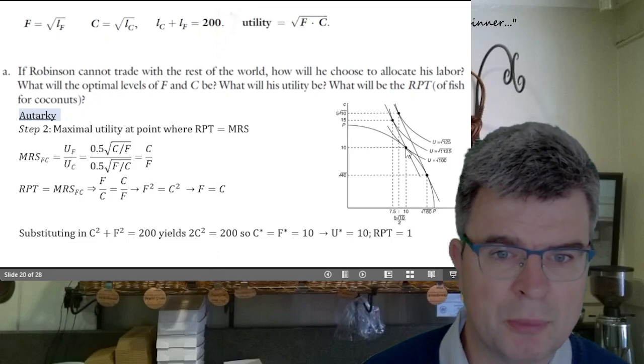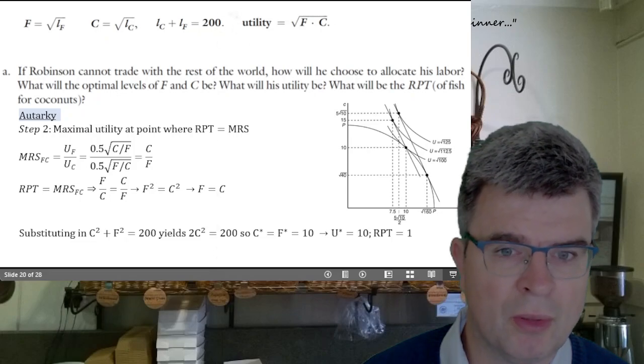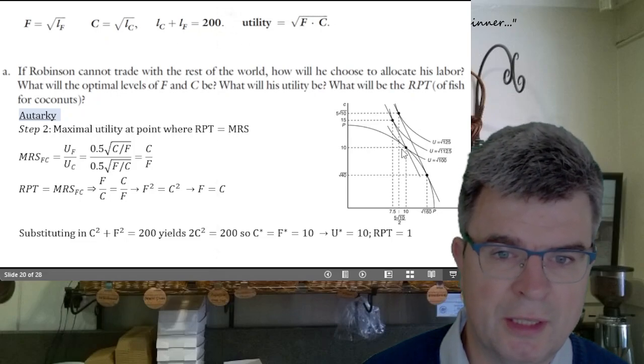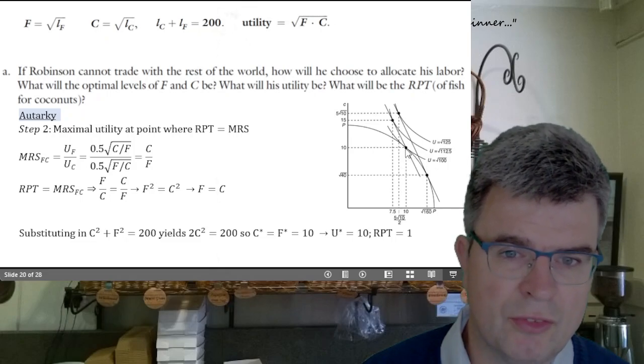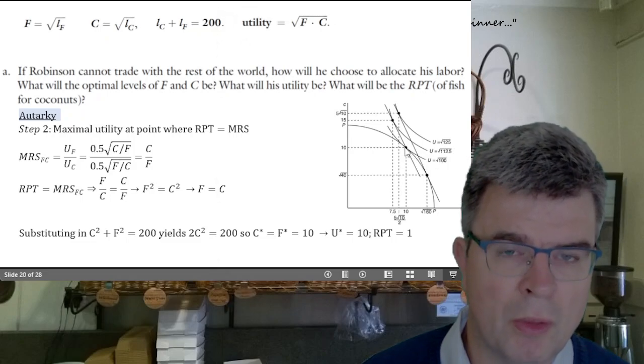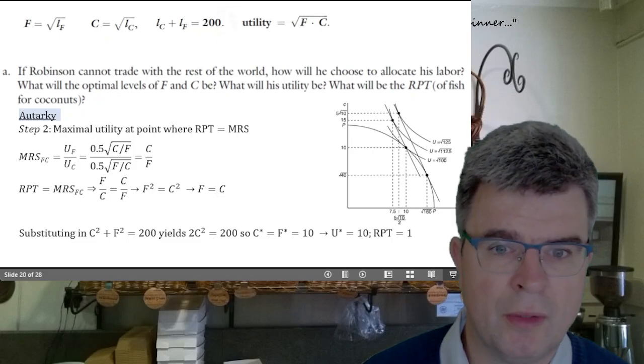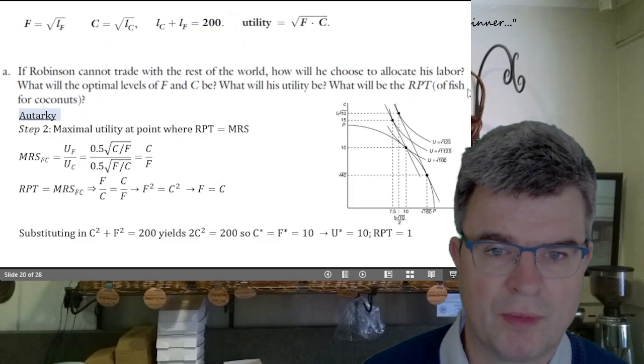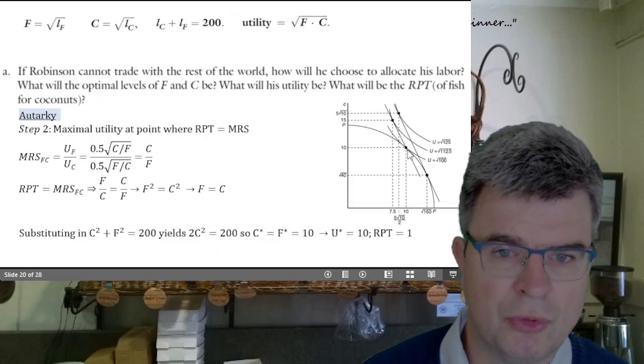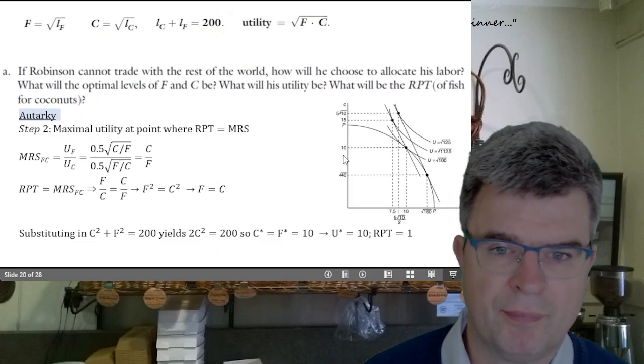This also happens to be our equilibrium solution, because this is the point where the indifference curve associated with a utility of 10 is tangent to the slope of the PPF, being the negative of the rate of product transformation. So this is the solution to question A.